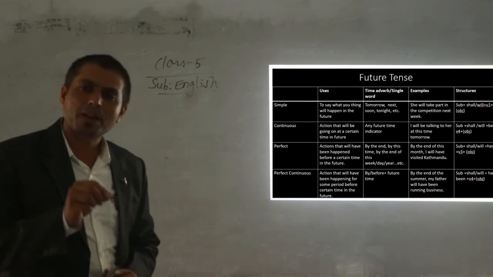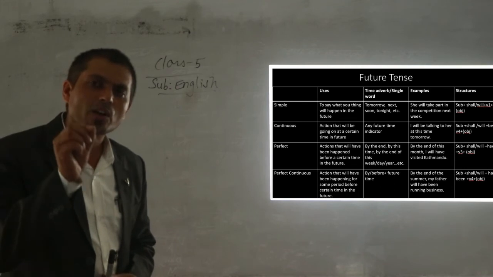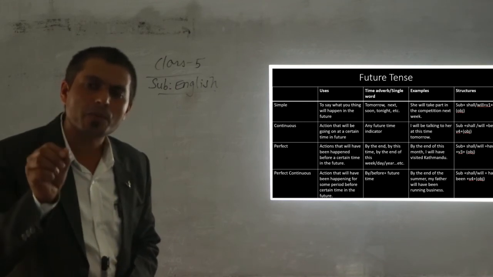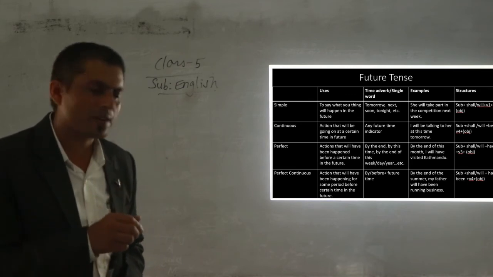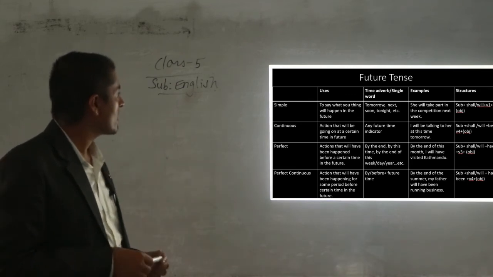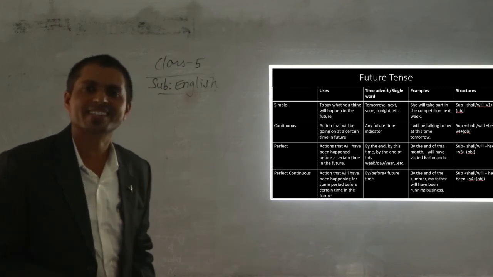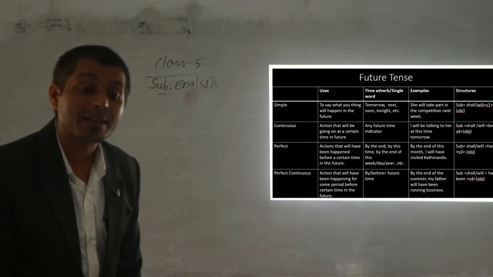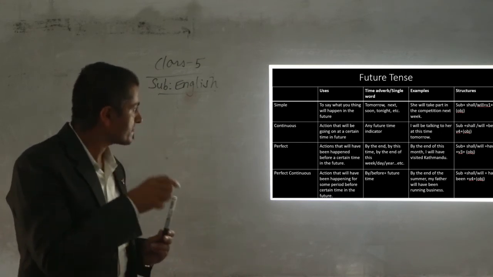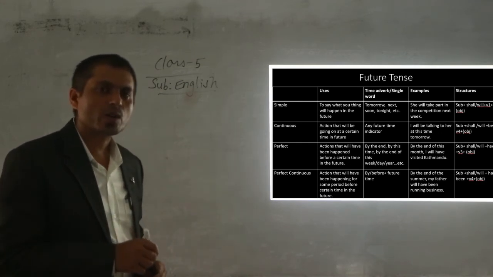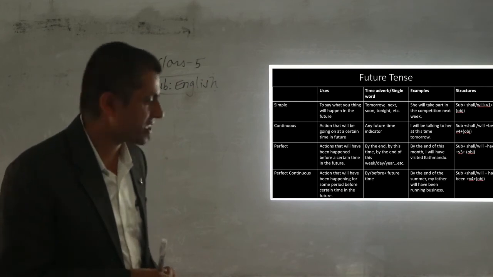Future continuous structure: subject plus shall or will plus be plus verb 4, the present participle form, the ing form of the verb we need. So how do you change it? We will be enjoying the occasion, right? Very good. We will be enjoying the occasion.